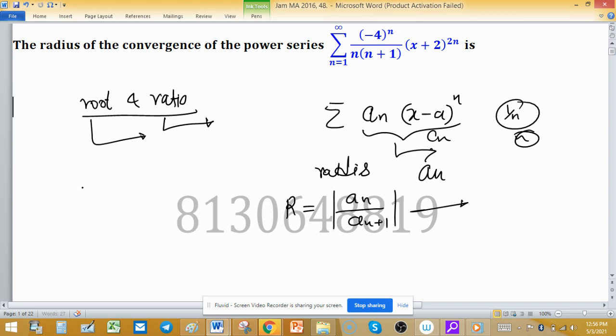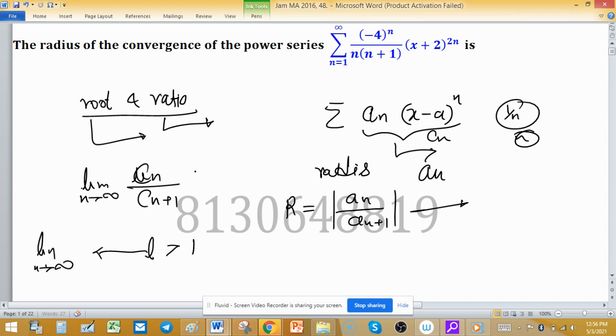Then you find the limit as n tends to infinity of c_n upon c_(n+1), and suppose you find a limiting value L. For what values will this converge? Since c_n involves terms containing x, this limit will be an expression having x.